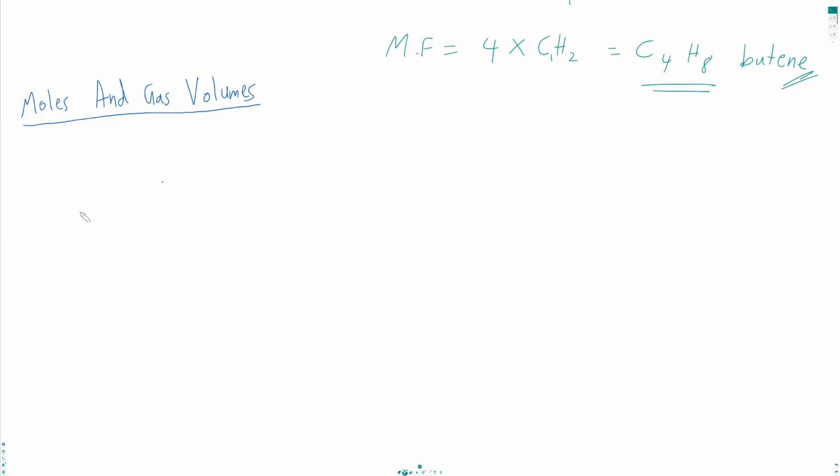And it states that at room temperature and pressure, so at RTP, one mole of any gas has a volume of 24 decimeters cubed, or in fact 24,000 centimeters cubed.